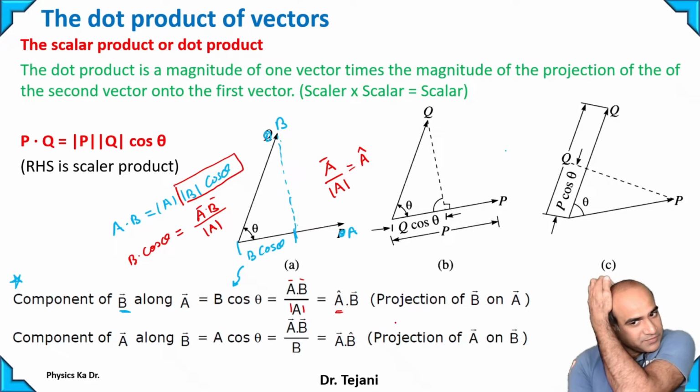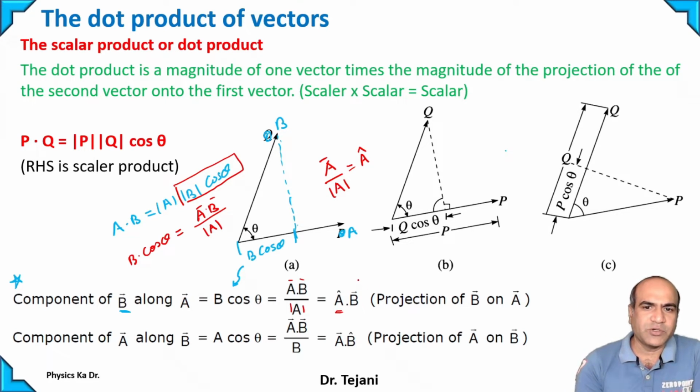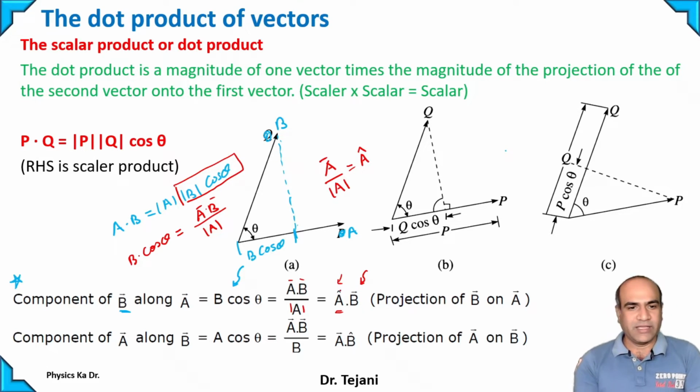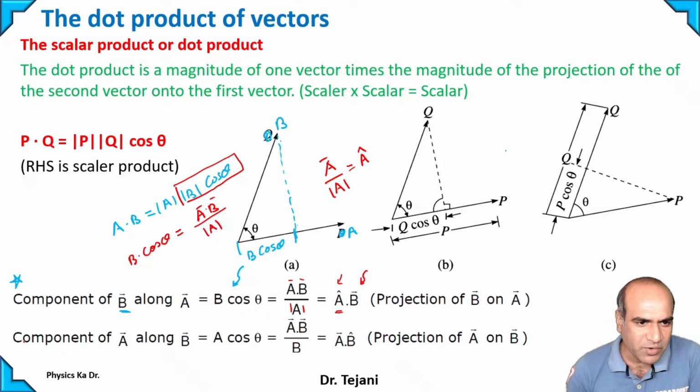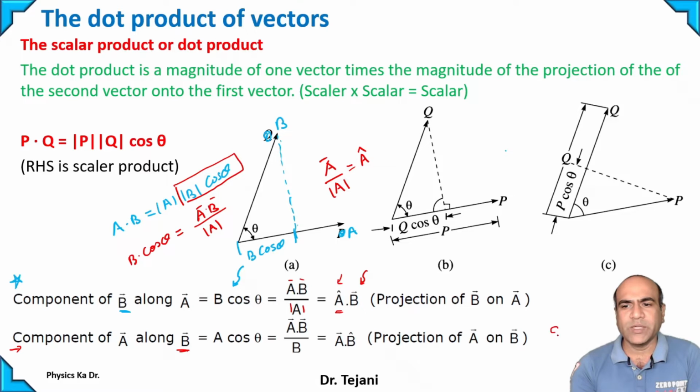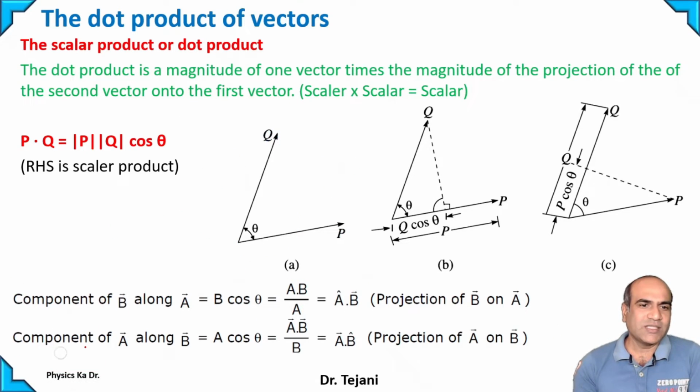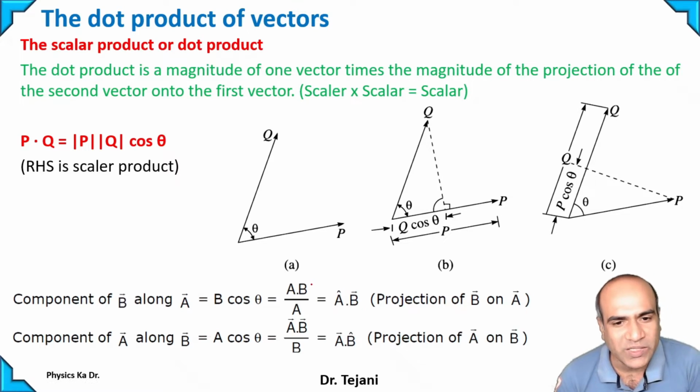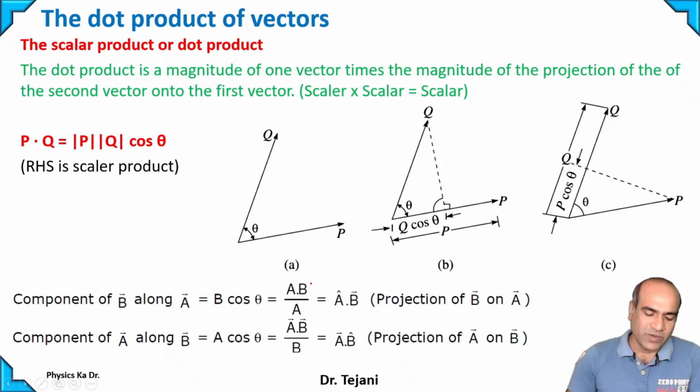Right. So ultimately, it is the projection of B on the unit vector of A. Similarly for the component of A along B bar, you can prove that part. Ultimately, we need this one. So this is the component of B bar along A and A bar along B bar that you have to work out.